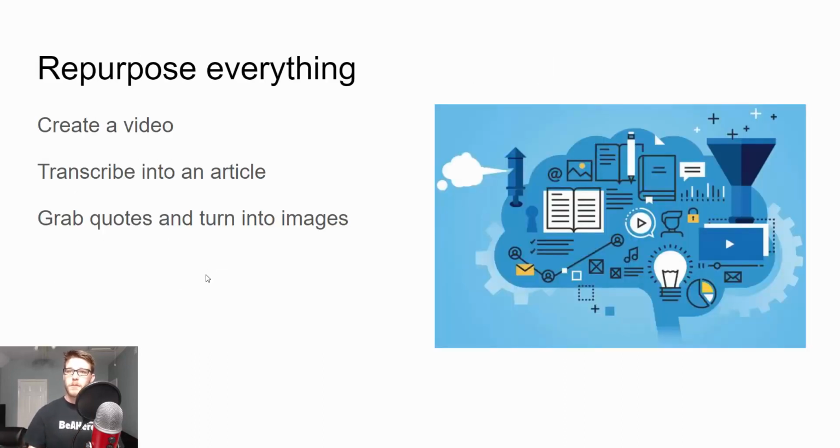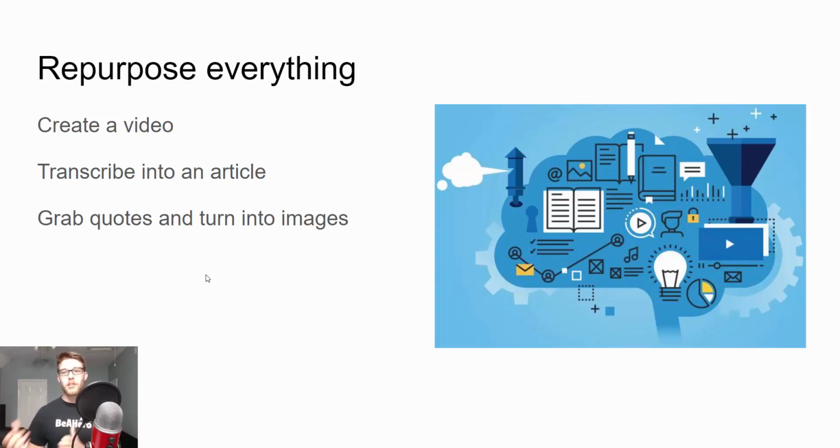So from here, what I want to suggest is that you repurpose everything that you do. As an example, let's say that we film a video all about how to get better at sales. And in that video, maybe it's 5 to 8 minutes long with some basic tactics that people can follow. What we want to then do is take that video and transcribe it into an article, format it with a virtual assistant, and now we have an article.